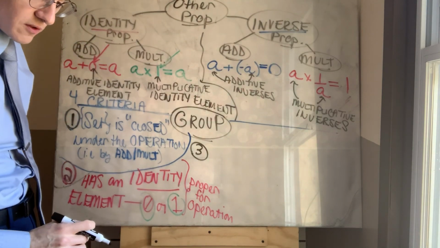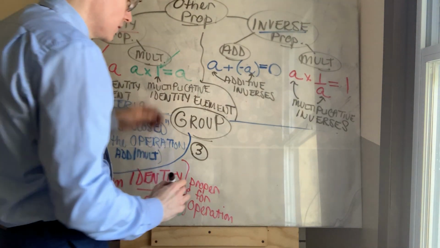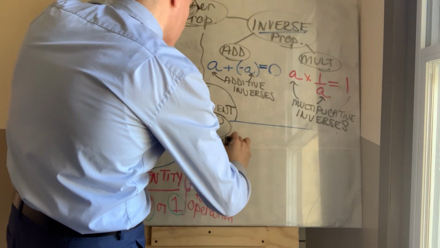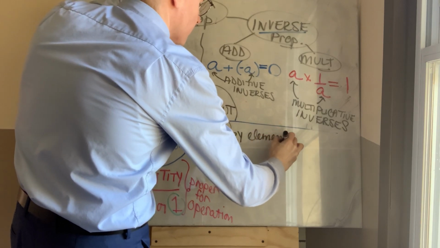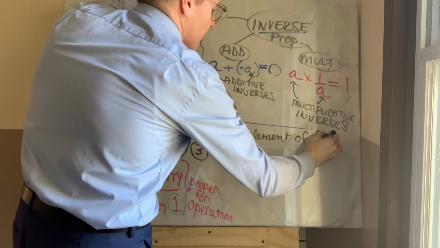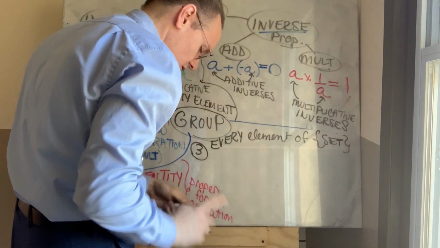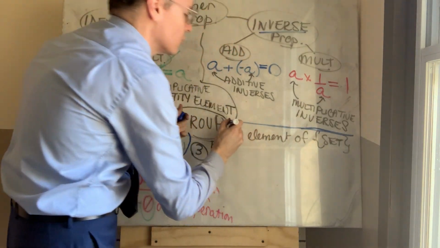The third criterion is that every element of the set has an inverse under the operation. Every number, or every element of the set, means it would be encapsulated by braces.